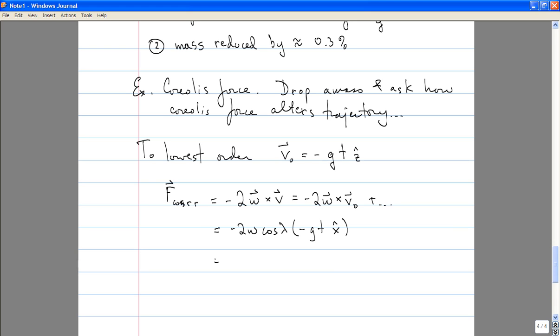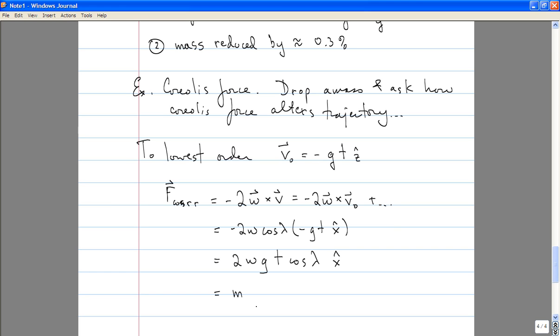So this is 2 omega g t cosine lambda x hat. And this will be equal to the mass times the first order perturbation in the acceleration of the object.